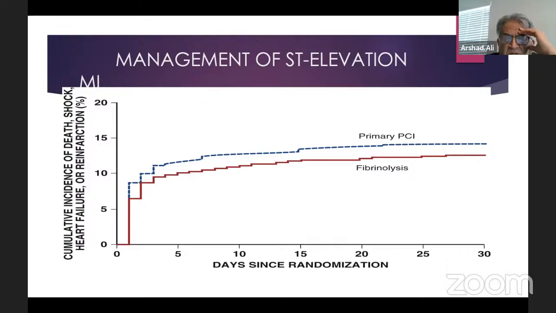If you look from days to randomization to outcome, the mortality is higher with fibrinolysis and the primary PCI does better.